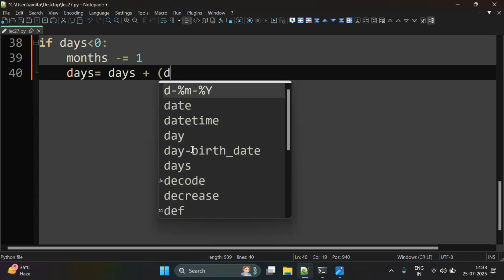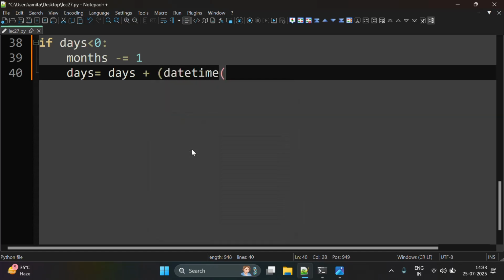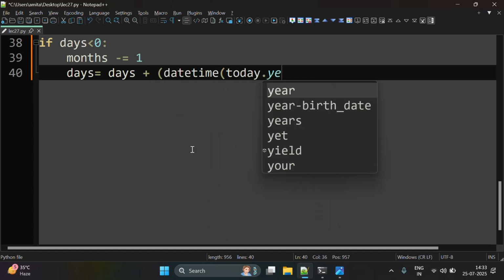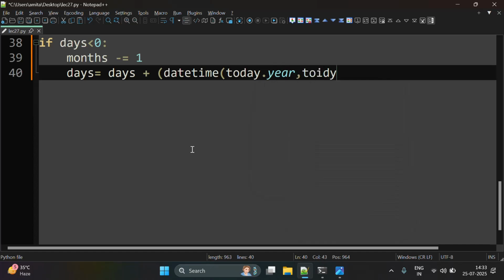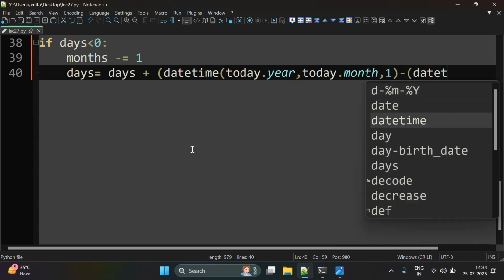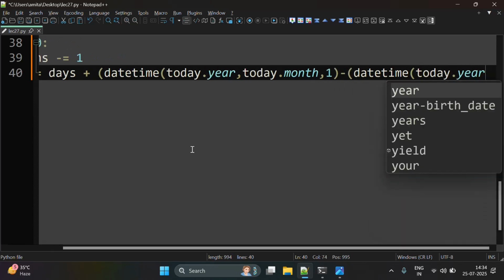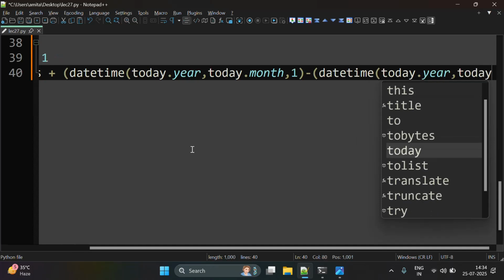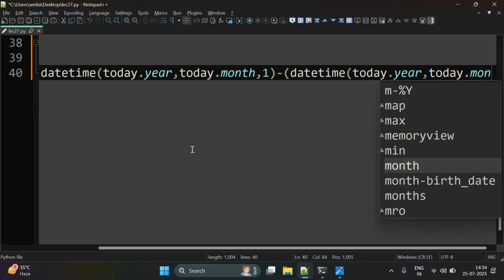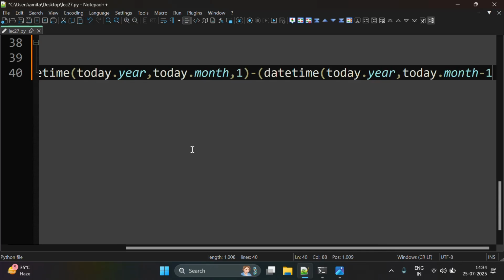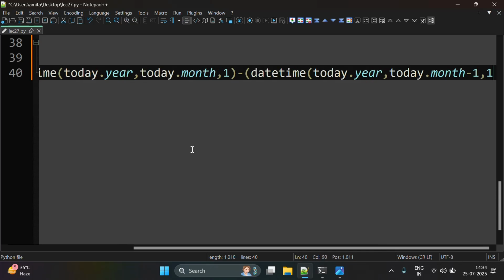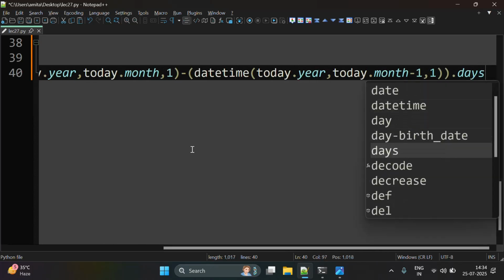which is equal to datetime today.year, today.month, then 1 minus datetime today.year, today.month minus 1, and then 1 .days.